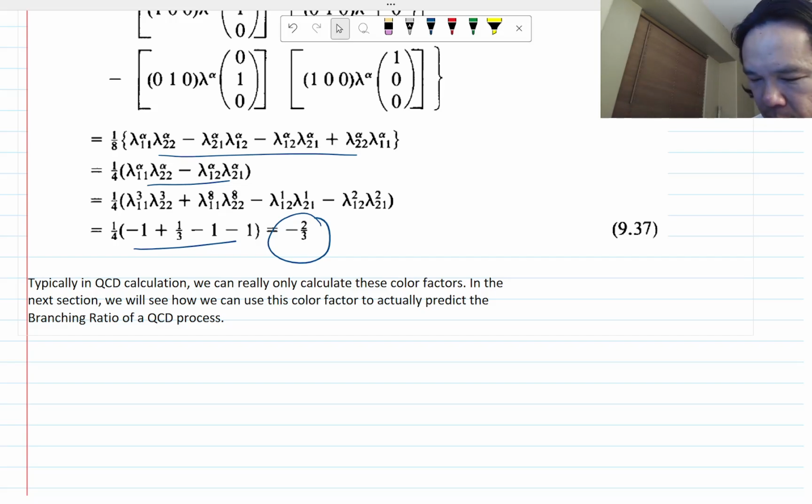What's going to happen is that we're going to see a few situations where you can actually utilize these color factors in order to compare them to their electrodynamic counterpart. We're going to see that in the next section. We can actually predict the branching ratio for the hadronic interaction versus the electromagnetic interaction. So we'll see that in the next section.